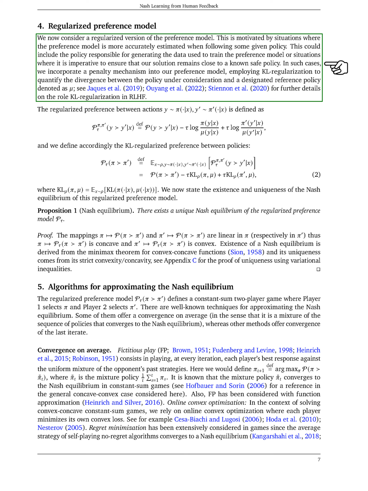All the results mentioned in this section are for the state-independent case, where policies and preferences do not depend on the context, X. In the case of LLMs, the context is the prompt, X, and responses, Y and Y', are generated conditioned on X. However, the theoretical results do not change. We define the Nash MD algorithm in the contextual bandit case as follows.